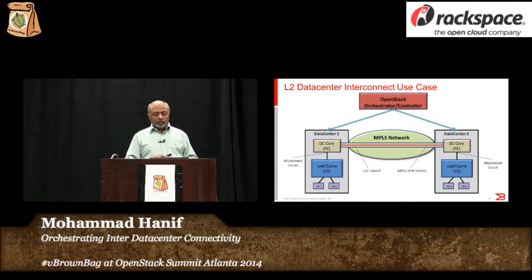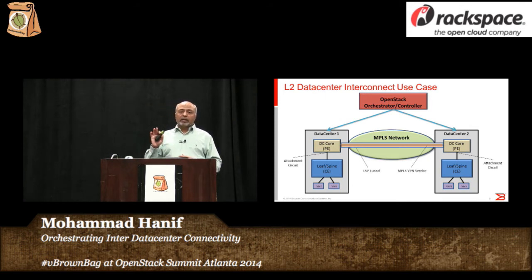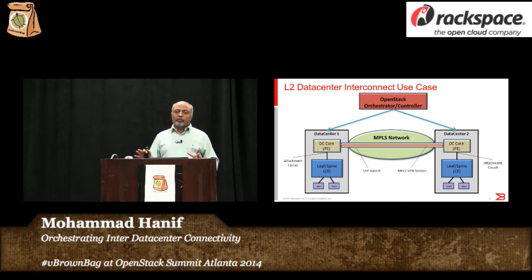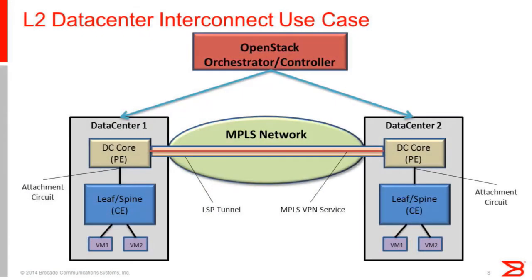So here we are again going into the L2 data center interconnect use case. In this one, what I have tried to explain is that we have data center core routers connecting through the MPLS network, and then we have a leaf spine network depicting the customer edge networks, and then we have the servers carrying the VMs.